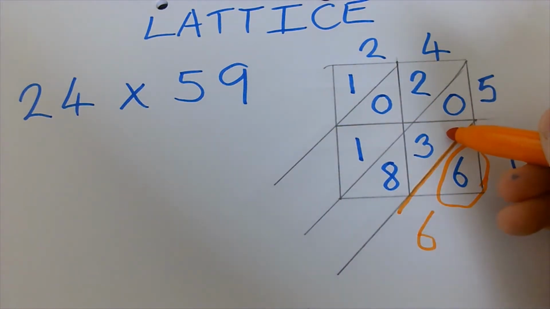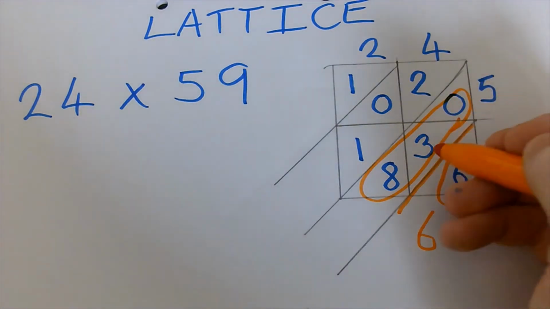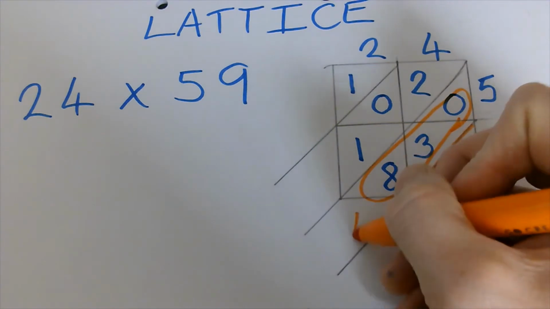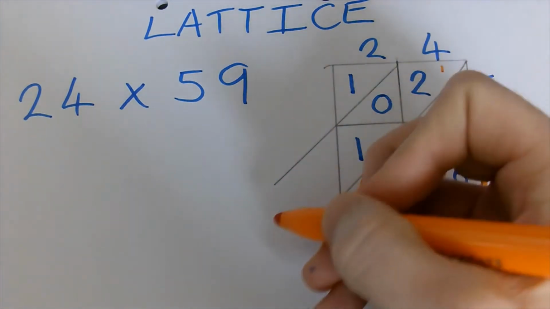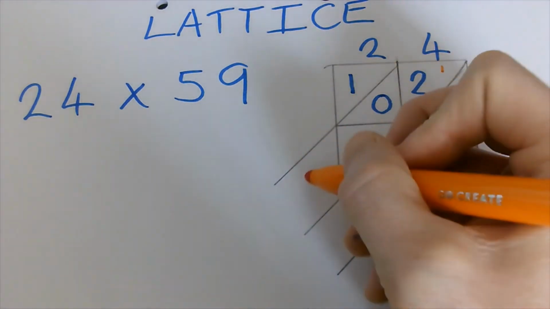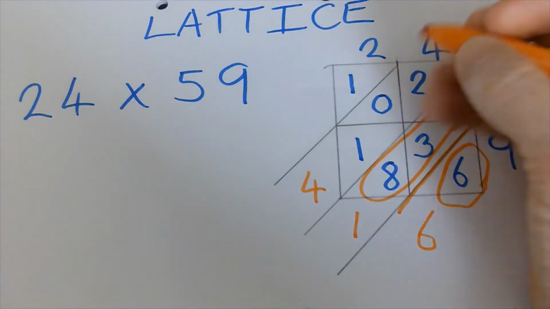Everything in our next column would be 0, add 3, add 8, which would be 11. So we'd put the 1 unit in there and we would carry our 10 over to this next column. 1, add 2, add 0, add 1 equals 4. And our final column here is just 1.